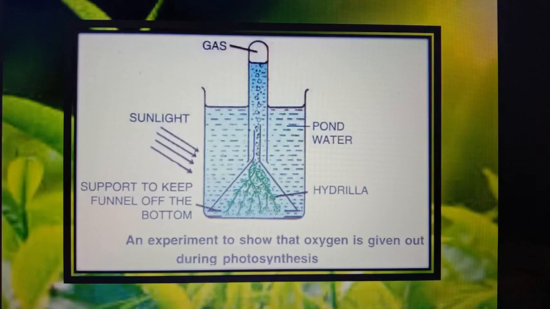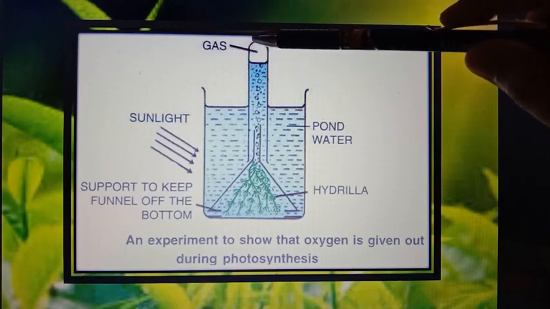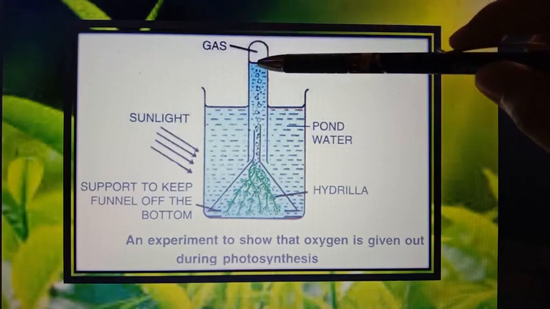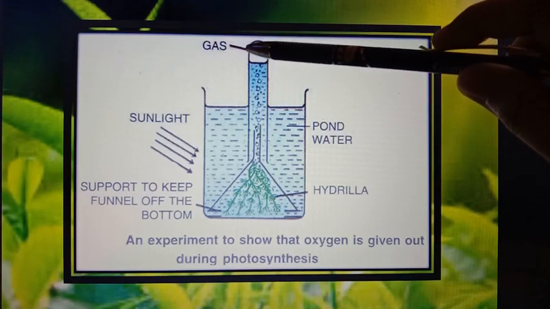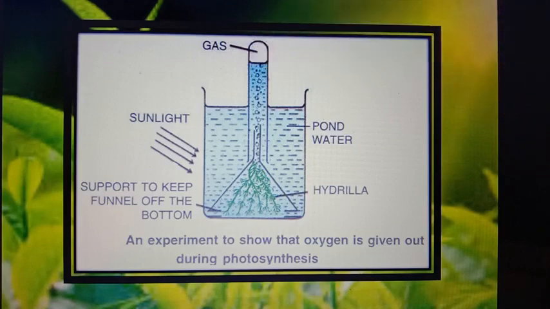Put this in sunlight for some time and note your observations. After that you have to put it in the shade and then you have to put it in the dark room. What will be the observation? In the sunlight, you can see that air bubbles are produced at the end of the test tube.